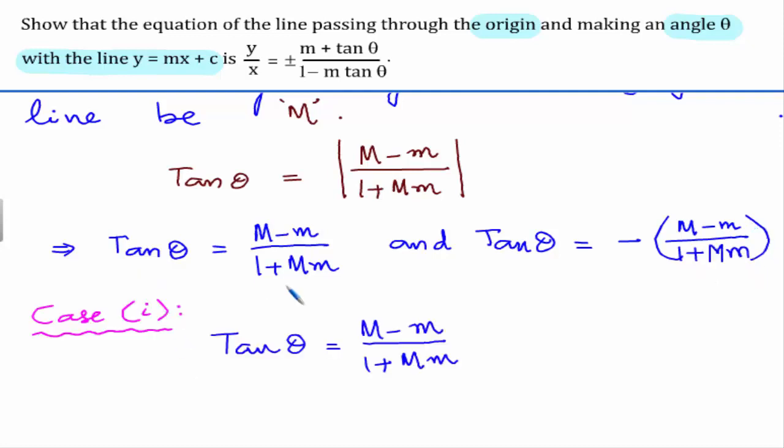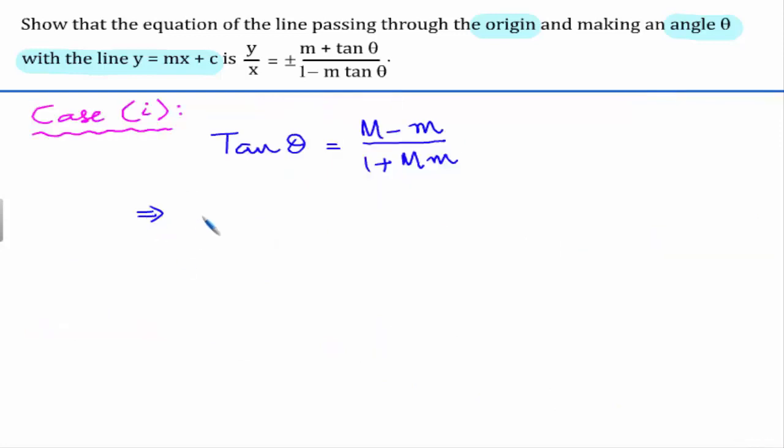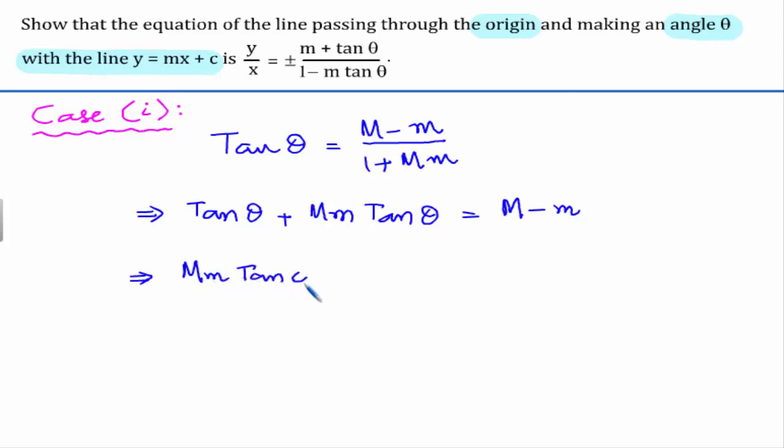Now let us consider the first case, that is tan theta is equal to capital M minus small m by 1 plus capital M small m. If we cross multiply, we get tan theta plus capital M small m tan theta, that is equal to capital M minus small m. So on further simplification, this can be capital M into small m tan theta minus capital M is equal to minus m minus tan theta.